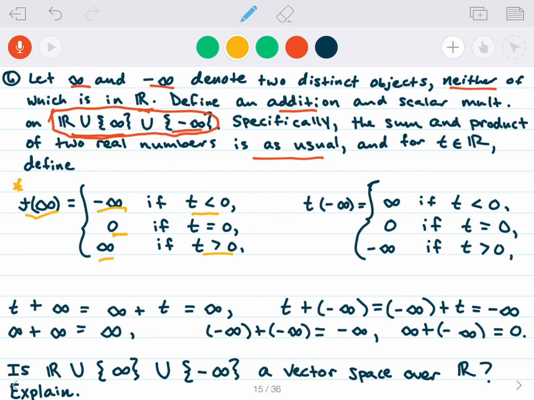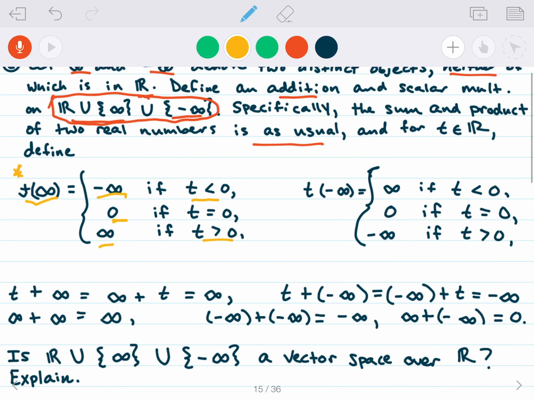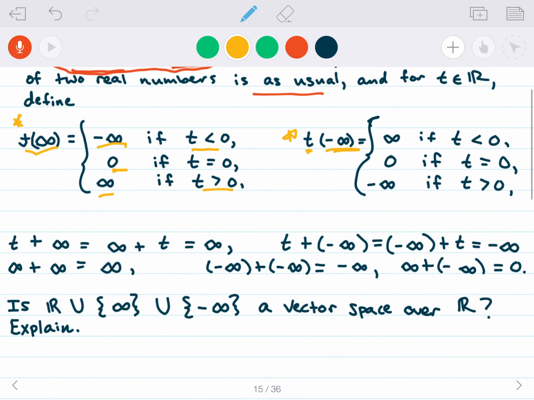So 3 times infinity is infinity, etc. We define multiplication of a real number by negative infinity in a similar way. So if you have negative 3 times negative infinity, that's positive infinity, and so forth. So that's how we define multiplying real numbers by these new objects, infinity and negative infinity.